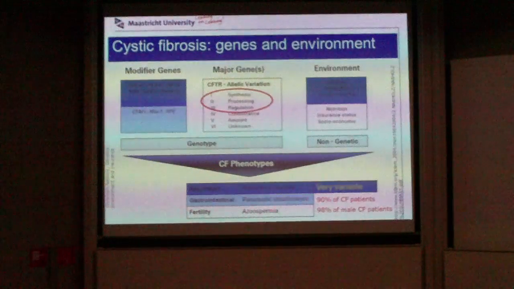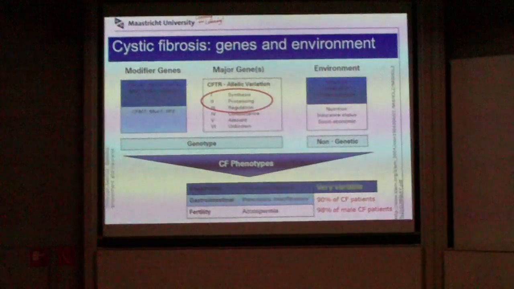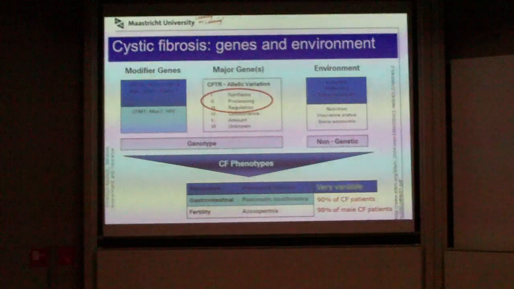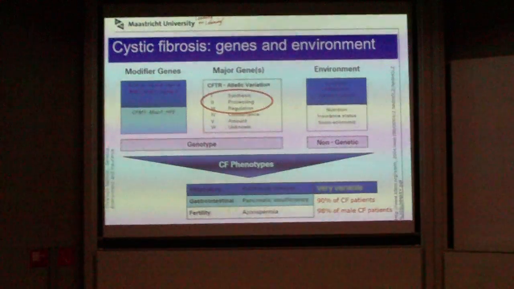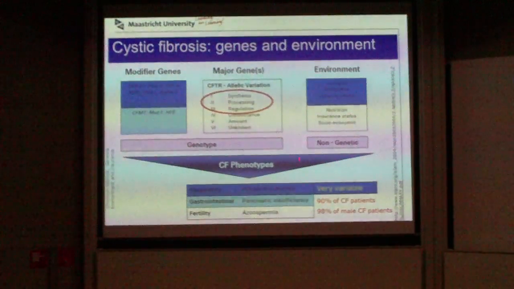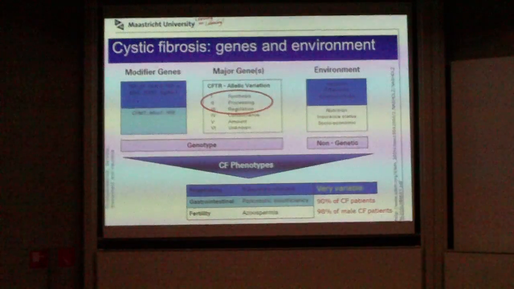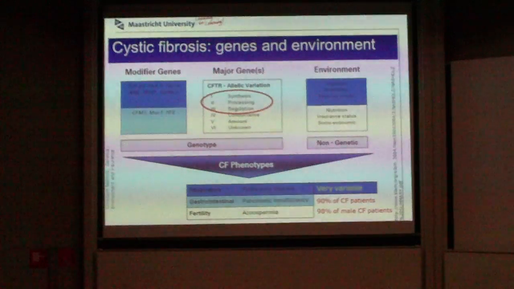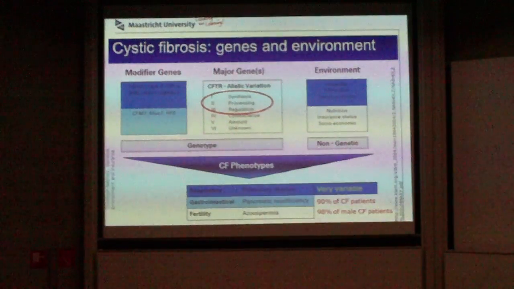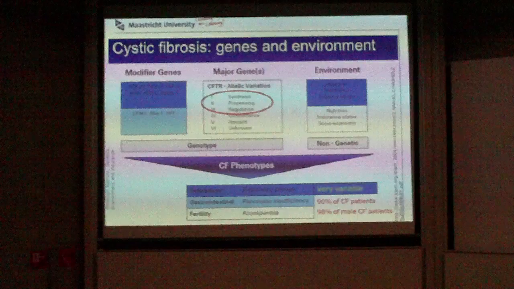But with regard to the pulmonary disease, that's very variable, and that again has something to do with environmental factors, the risk of infections, the use of antibiotics. If you use your medication in time, you can modulate that part of the risk. Or tobacco use, which also affects the severity and frequency of pulmonary disease in cystic fibrosis. So even if you identify one key gene, there are modifier genes and environmental factors.